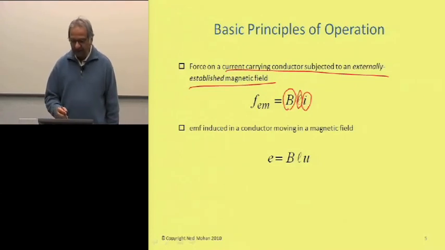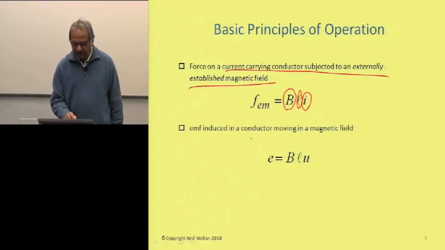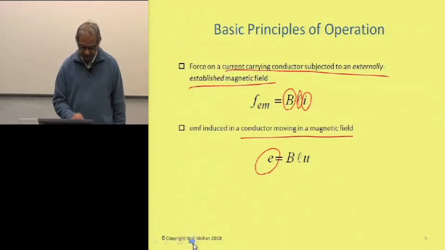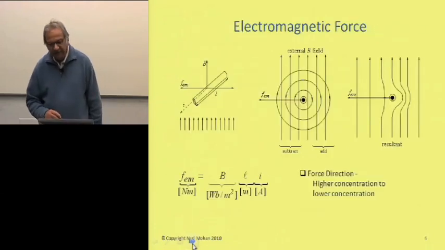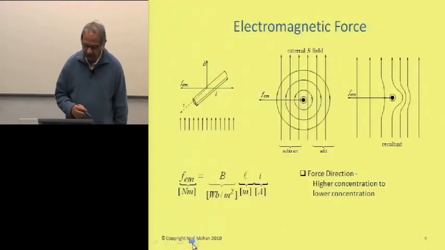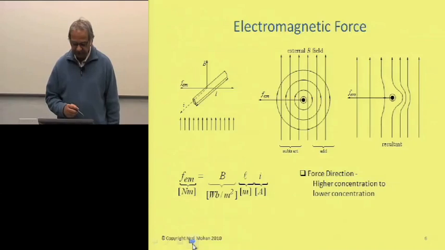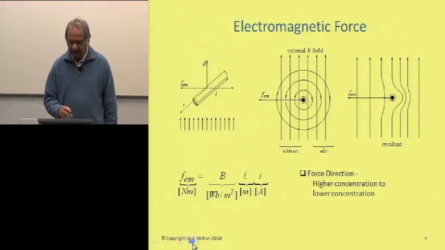And similarly, if this conductor is moving in a magnetic field, then there's a voltage induced here. So we'll see both of these here. Let's start with electromagnetic force, and the best way to look at it is that there's a conductor perpendicular to the plane of this screen, and the current is coming out of this conductor, that is, the tip of this arrow is pointing towards us.